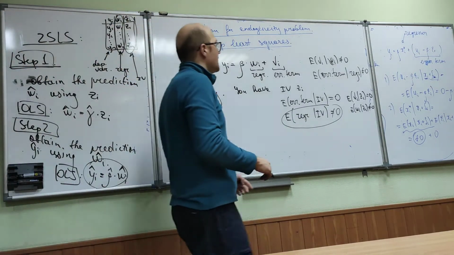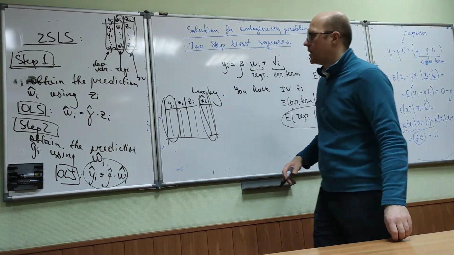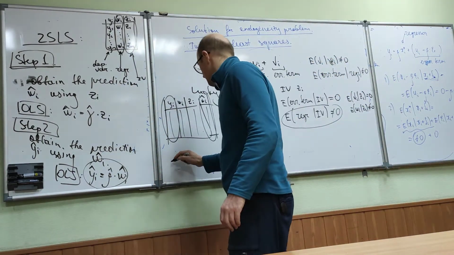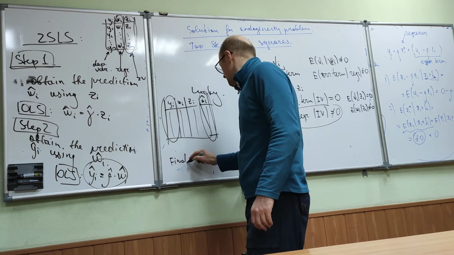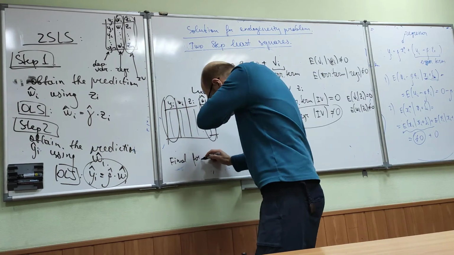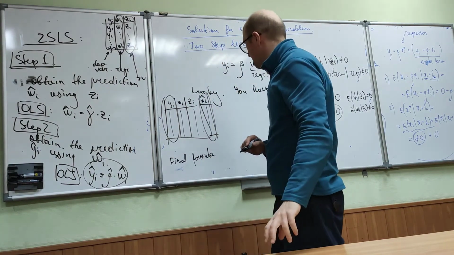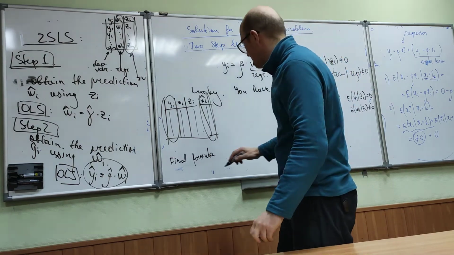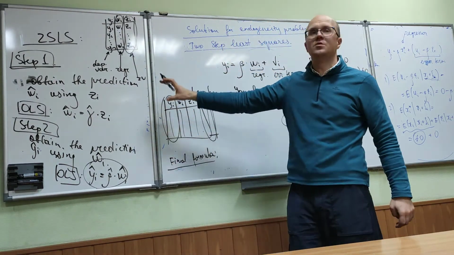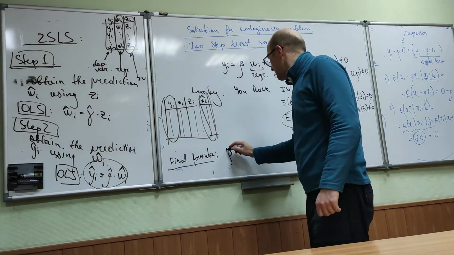In this simple case you can also obtain a direct formula. If you do these two steps, you obtain the final formula for beta hat.